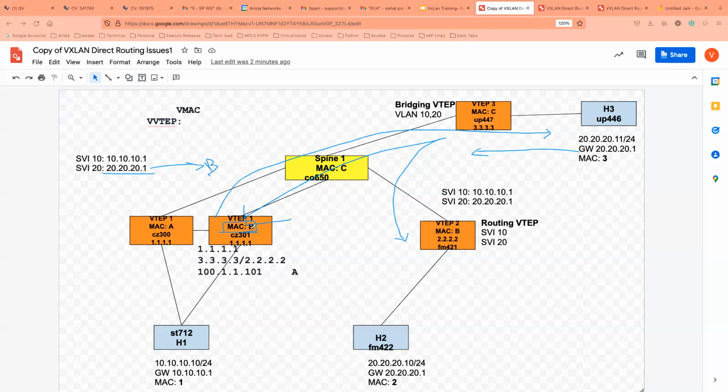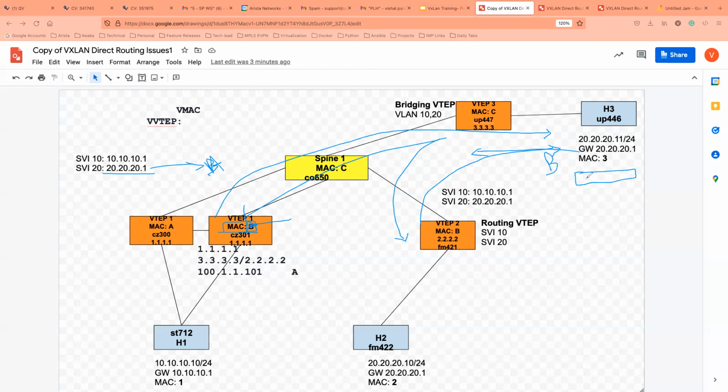Let's keep this A or C, whatever. So this one will reply back with A, and this guy will reply with MAC B. So what will happen on the ARP table on the host?